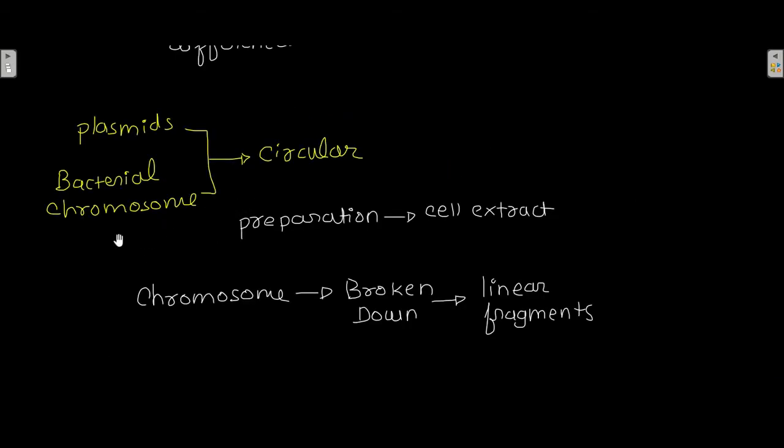As you know, the plasmid DNA is circular and the bacterial chromosomal DNA is also circular. But during the preparation of the cell extract, the chromosome is broken down into linear fragments. So in the cell extract, you have a circular DNA, that is your plasmid, and a linear DNA, that is your chromosome.